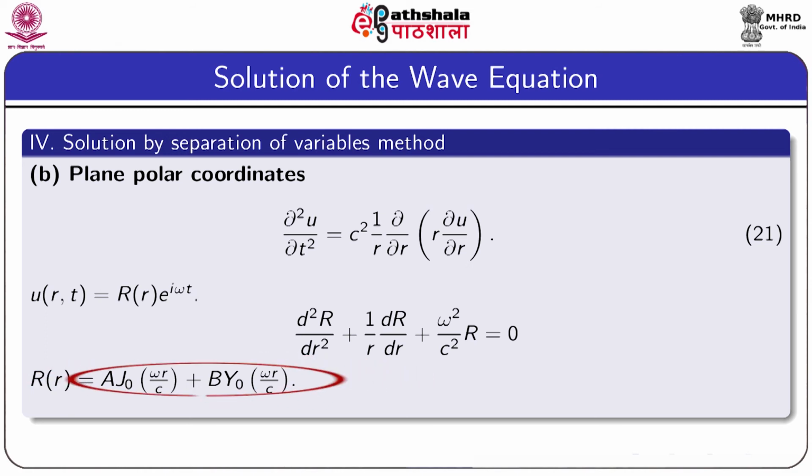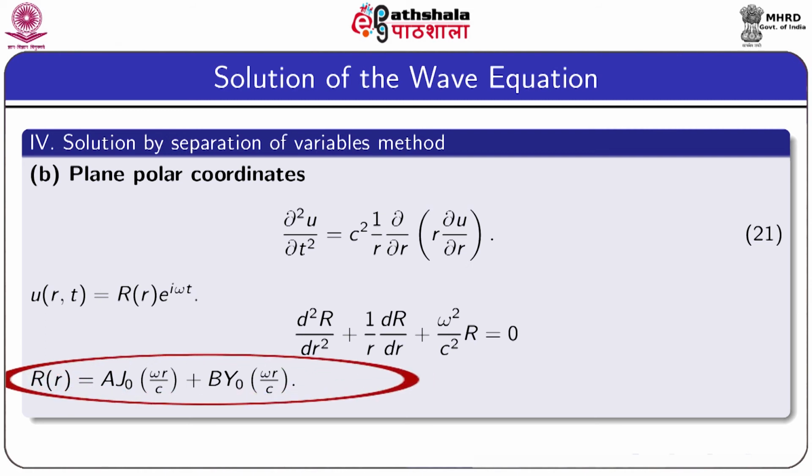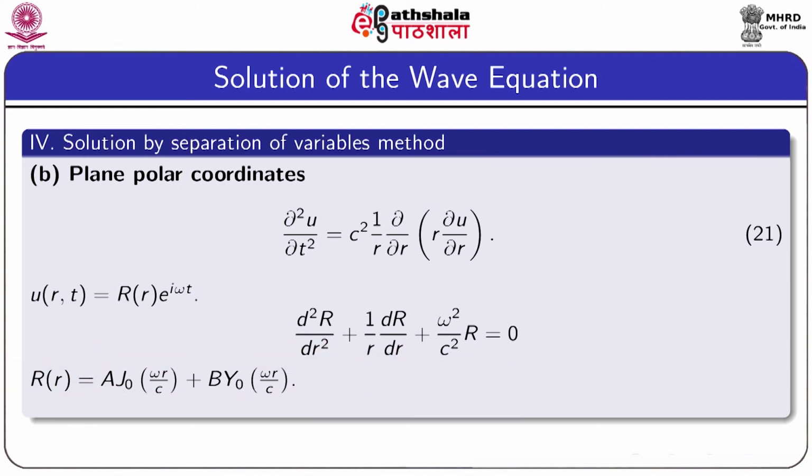So, R equals A J0(omega r by c) plus B Y0(omega r by c), where J0, Y0 are Bessel's functions of order 0 of the first kind and second kind respectively.